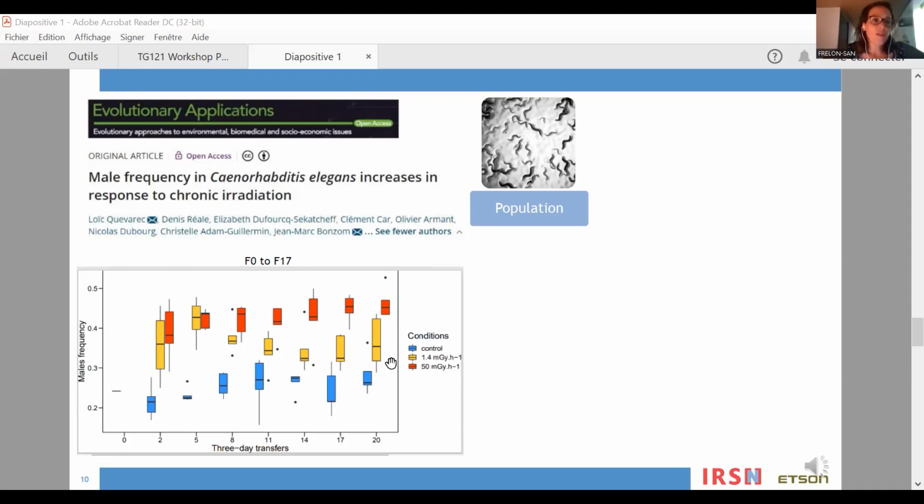For this experiment, I know that genetics will be assessed, but not yet done. Okay. So there will be some molecular data for deciphering the underlying mechanism, but not yet analyzed.